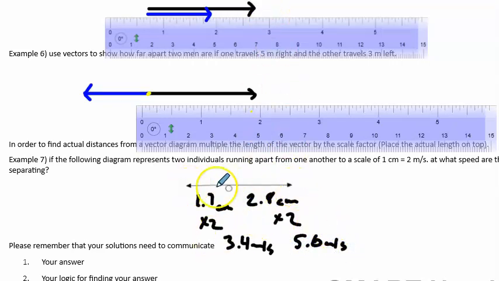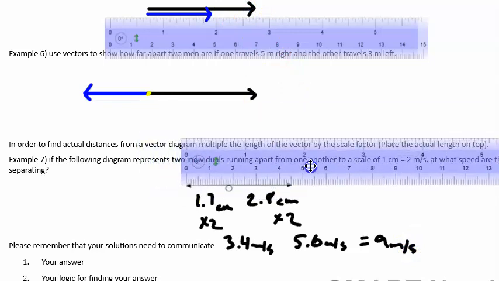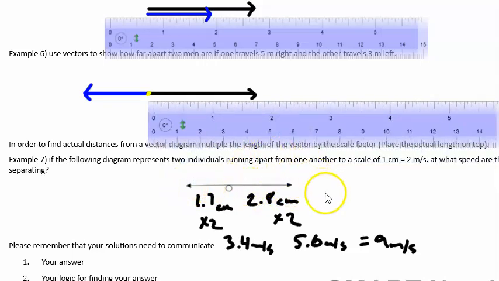And so they are separating from each other at a rate of 9 meters per second. Now, we also could see that they are separating a distance of 4.5 centimeters length, tip to tip, which brings us to a total of that 4.5 centimeters multiplied by 2 also gets us the 9 meters per second.